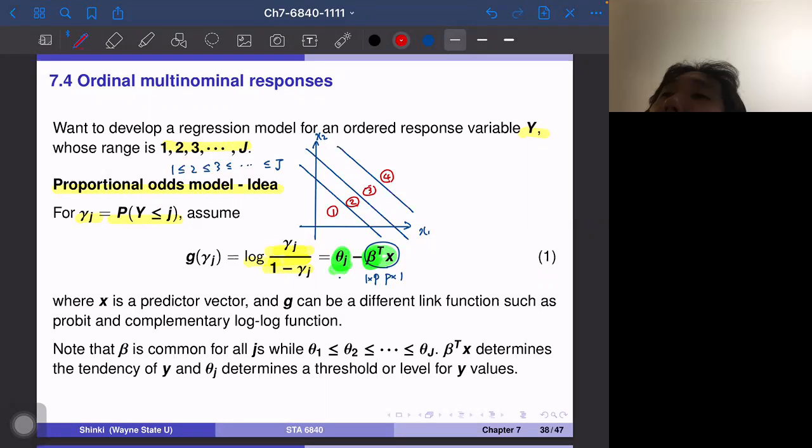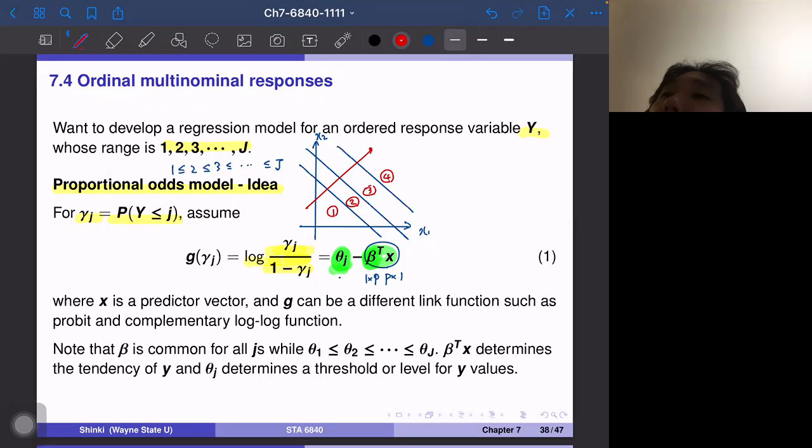The 3 tilted lines are determined by theta j, and beta transposed x is the overall tendency. So this direction is defined by beta.